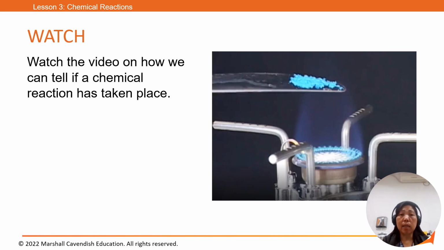The caramel is actually a new substance. Is that reversible? No, that is not reversible. So we can say that not all chemical reactions are irreversible, but also not all physical changes are reversible, and there are some that are irreversible.